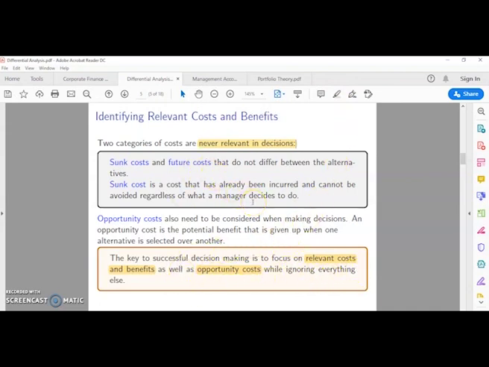So when we are discussing a new decision, and we want to make a decision for different alternatives, we absolutely need to focus on relevant costs and benefits plus opportunity cost. So we need to also calculate the opportunity cost and consider the opportunity cost if we go for any specific alternative.